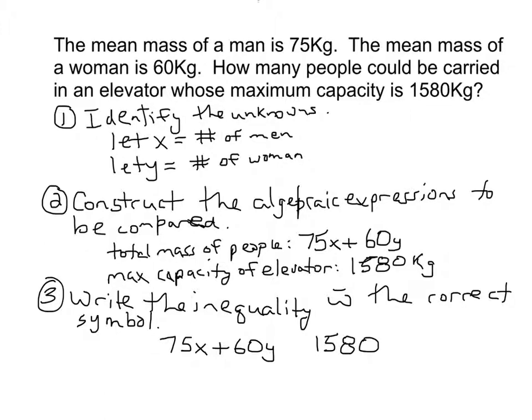But we're saying that the maximum capacity of our elevator is 1,580 kilograms. So it's going to be less than or equal to. The total mass of people in my elevator must be less than or equal to 1,580.